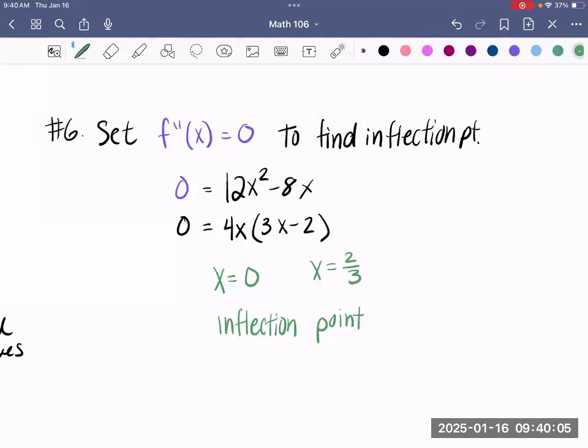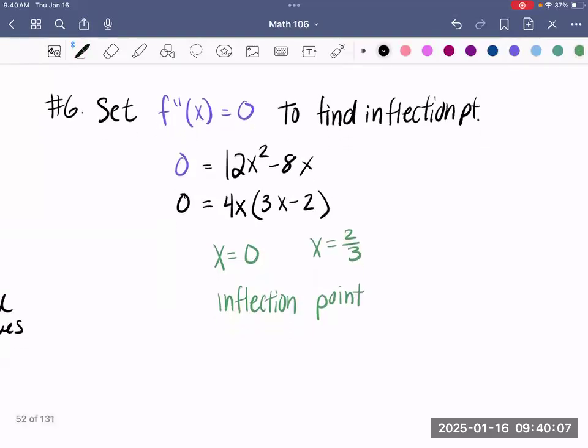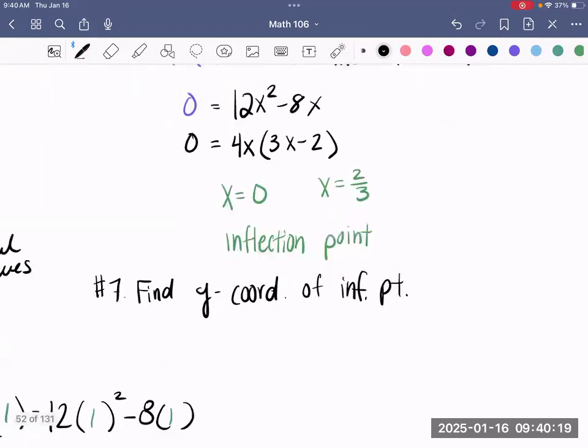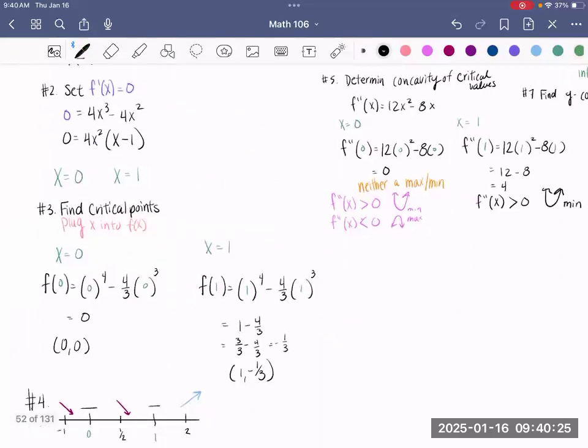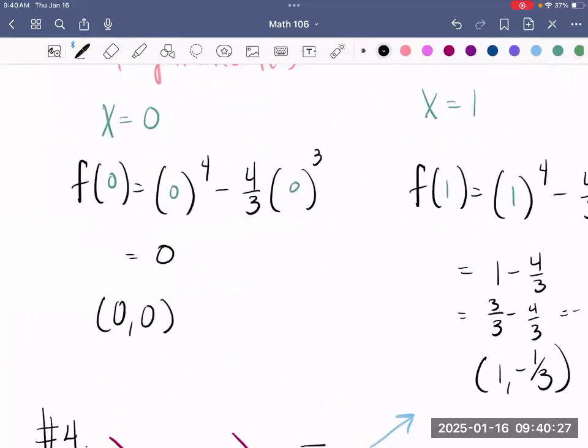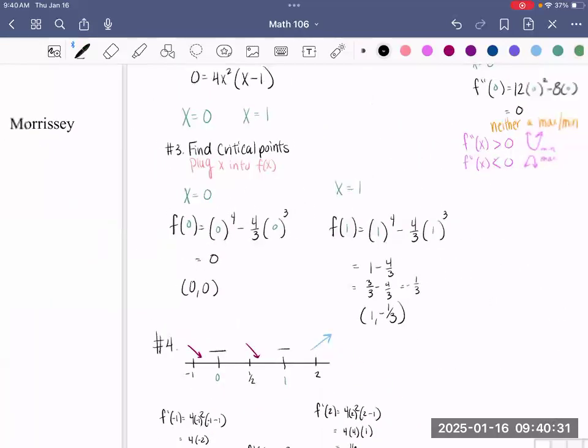And again, if we want to find your y counterpart, all we have to do is plug it back in. Find the y coordinate of the inflection point. So we already know the point here, 0, 0, because we already tested it over here. And we can be both an inflection point and a critical point.